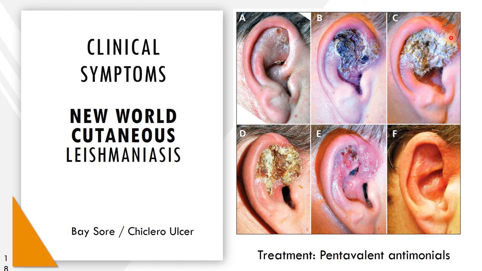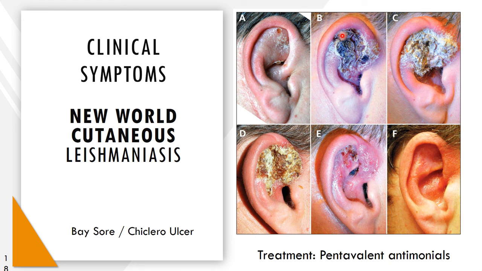New World cutaneous leishmaniasis, also known as Bay sore or Chiclero ulcer. Cutaneous leishmaniasis is usually characterized by a single pus-containing ulcer, which is generally self-healing. Pero approximately 40% of infections nangyayari dito sa ears. And can cause serious damage to the surrounding cartilage.